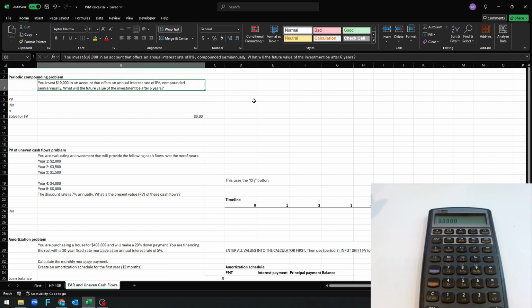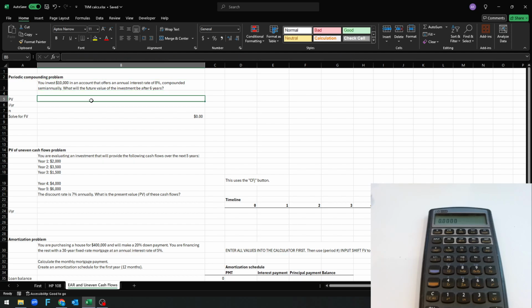Periodic compounding. I always say that the first thing you want to do is lay out all the numbers in the calculation. So we're investing 10,000, so that PV is minus 10,000. I per year is semi-annual, meaning compounding twice per year.